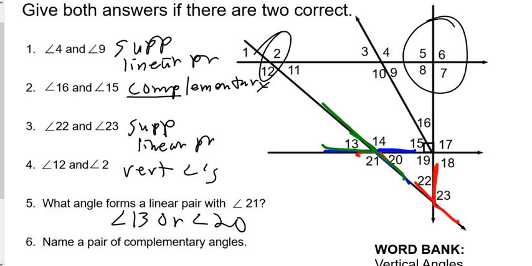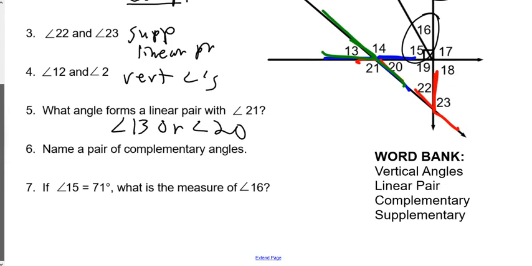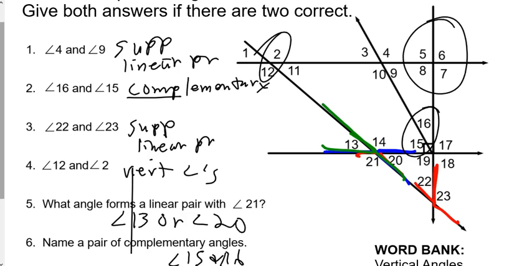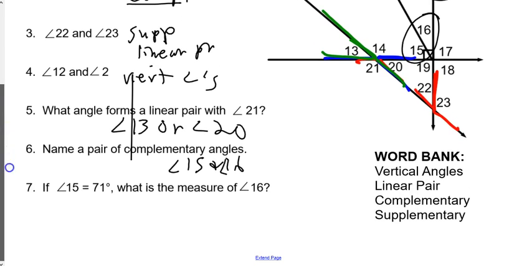Well, actually those don't intersect, but there's no line going through. So really the only choice is the one we already named, and that's down here, 15 and 16. Now, up here where I was talking about, if we had another line here, like so, then we could say that this angle and this angle were complementary. But we don't have any other choices to name a pair.